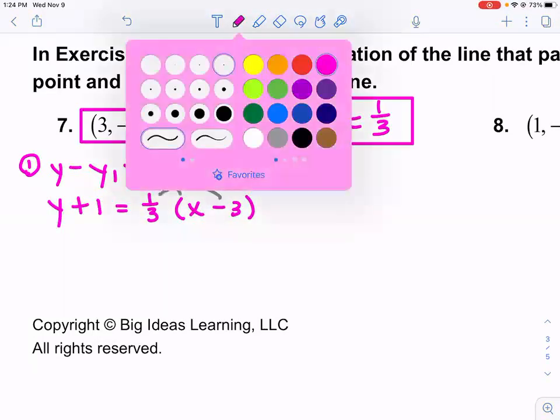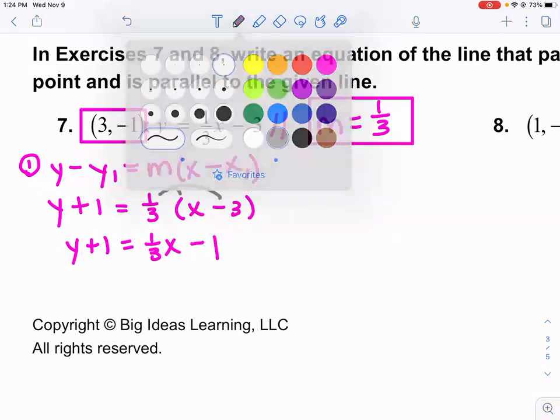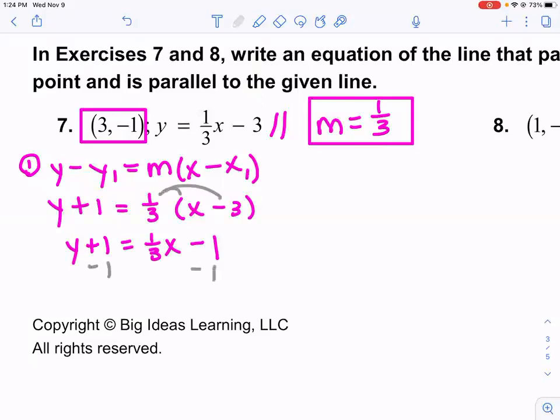Now I can distribute that 1/3. y plus 1 is 1/3 x. What is 1/3 times -3? Okay. And then what do we do? Okay, then let's subtract 1 from both sides. So we get y equals 1/3 x minus 2.